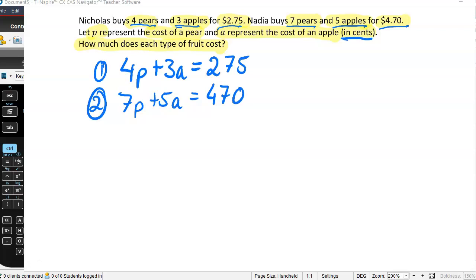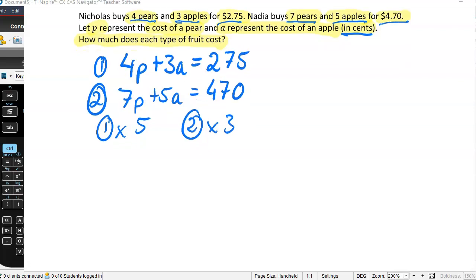So I might get these a's the same, so times equation 1 by 5 to make equation 3, and times equation 2 by 3.